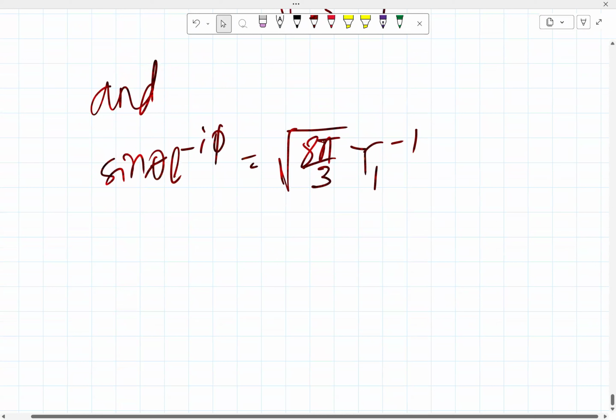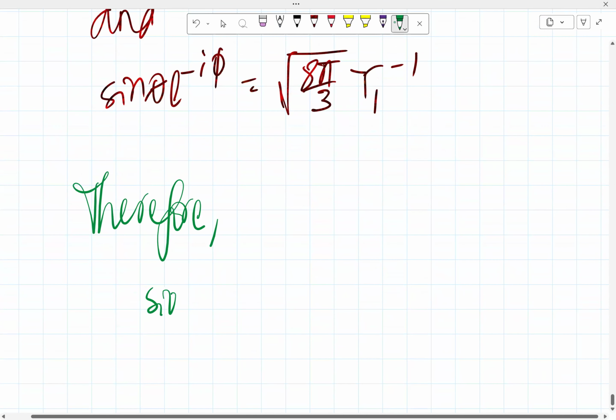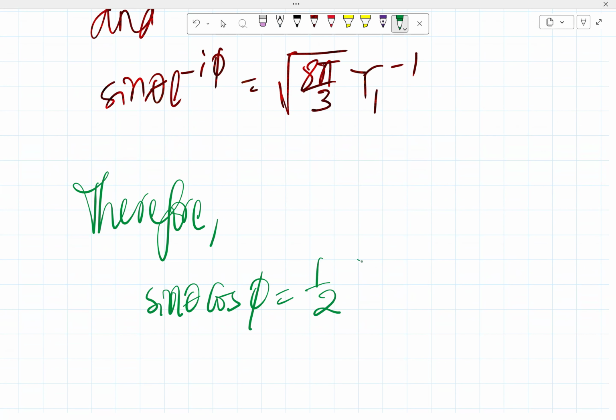Okay, like this. And once all of that is done, we can then say, therefore, sine theta cos phi equals 1 over 2 square root of 8 pi over 3, you know.